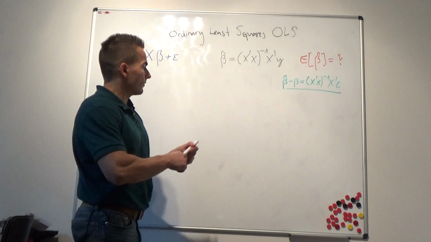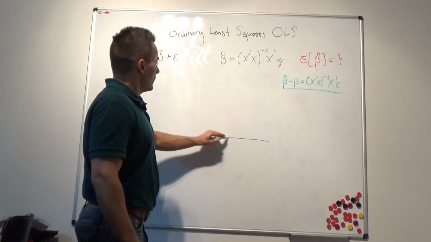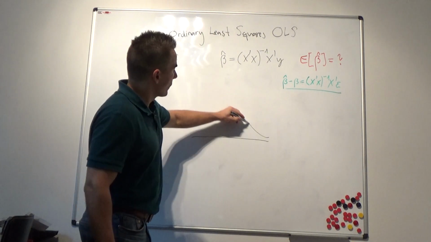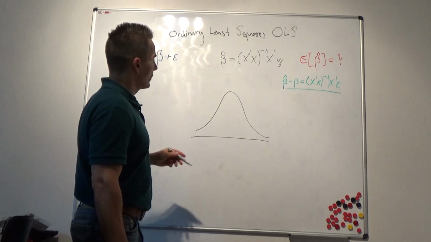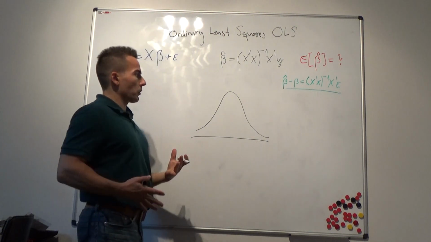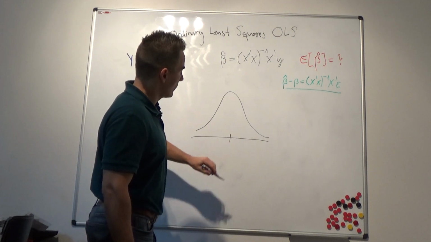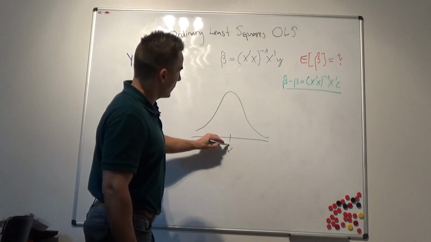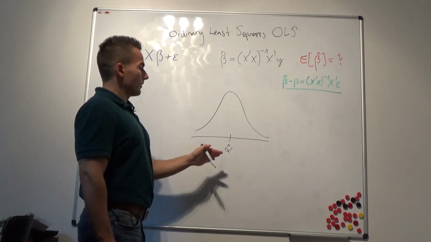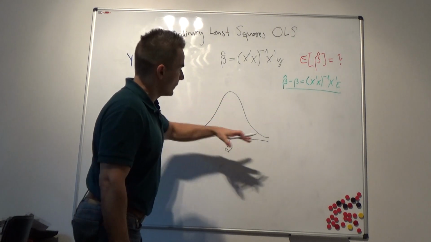So what does that mean? It means that we have this kind of probability function for every parameter that we have. For our alpha, for instance, if this is our estimated alpha, it follows a certain distribution.